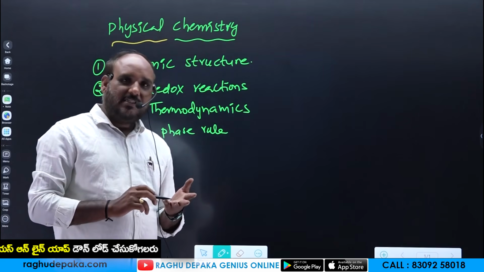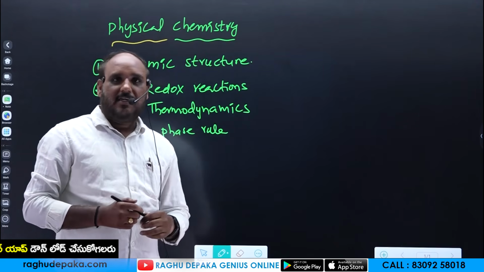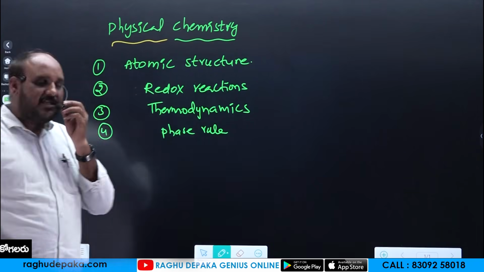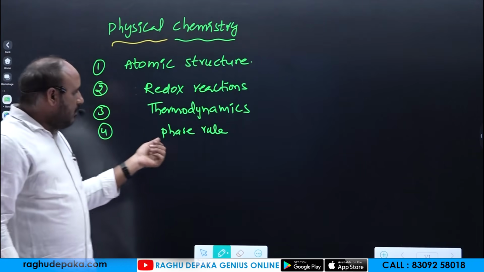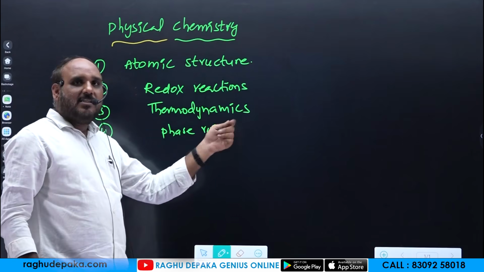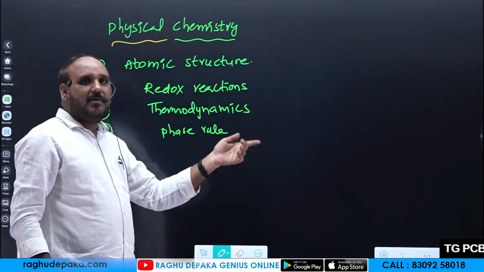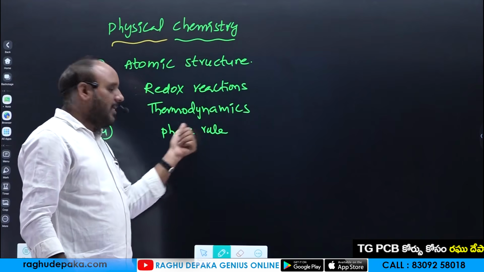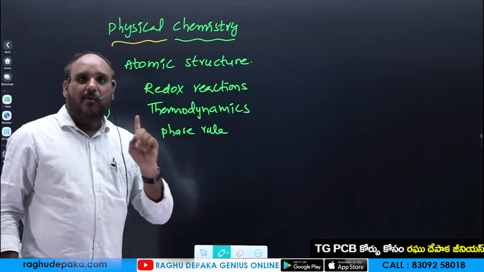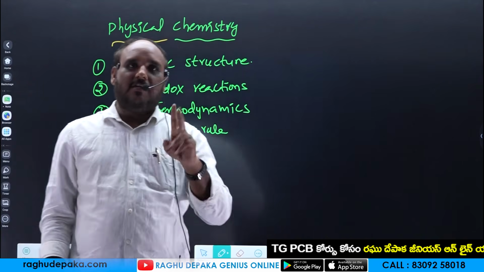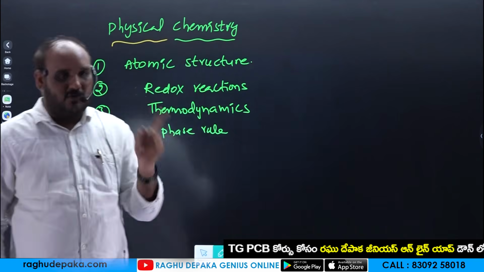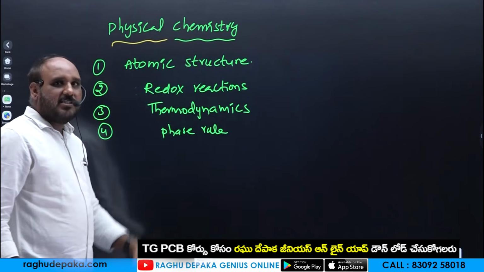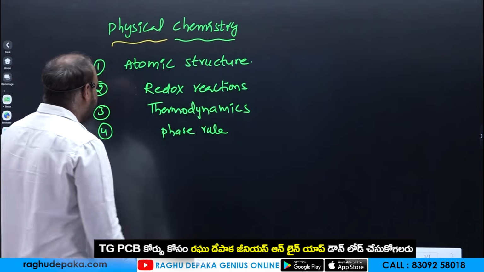In addition to these three, there are two other states, the plasma state and the Bose-Einstein state. How matter exists in various phases is represented with diagrams, which will be explained in phase rule. Here the one component system mentioned is the water system, since water can exist as solid, liquid and gas. Two component systems will also be discussed in phase rule.